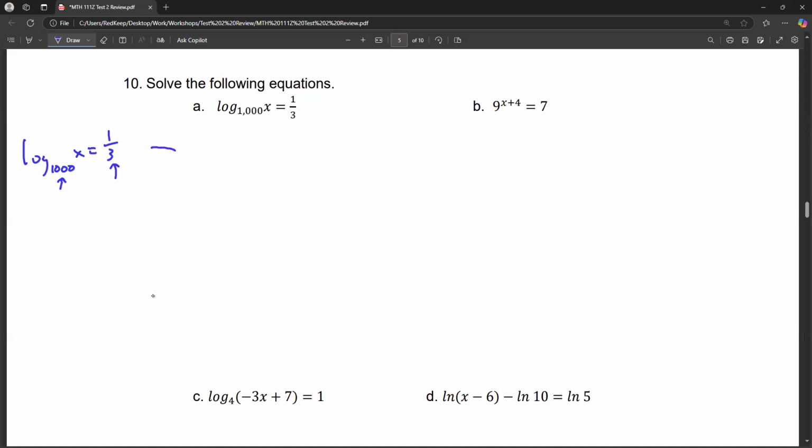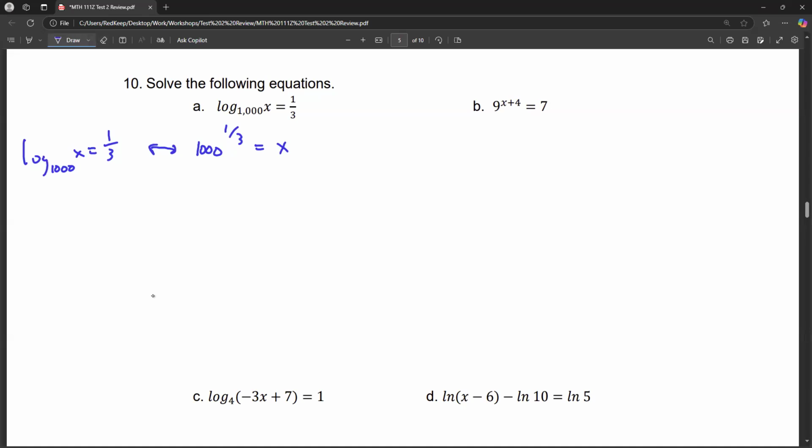And this is translating to exponential form, right? So 1000 is our base value. We're raising it to the power of 1/3. And we want to know what is that value inside the argument, that x. So this is that translation over to exponential form of the logarithm. It'd be good to have that memorized or on your note card.